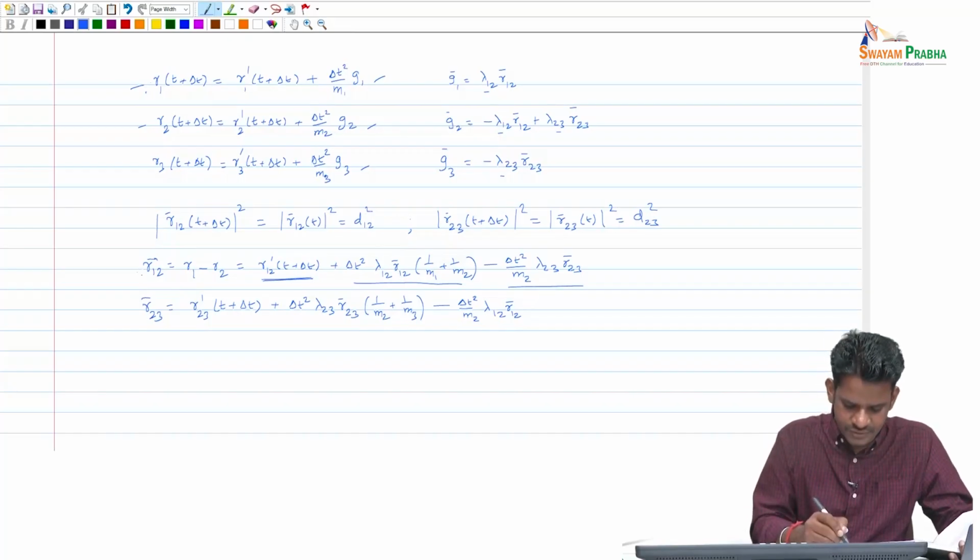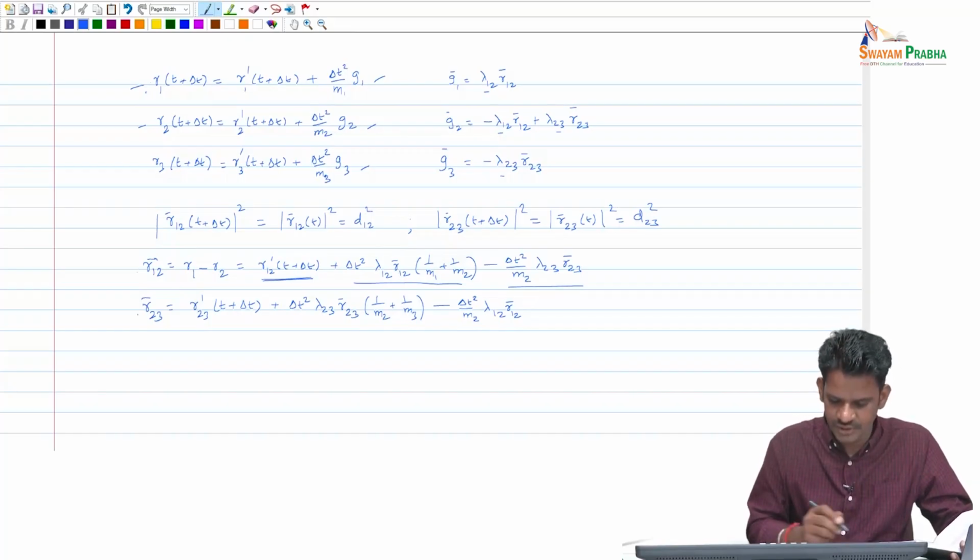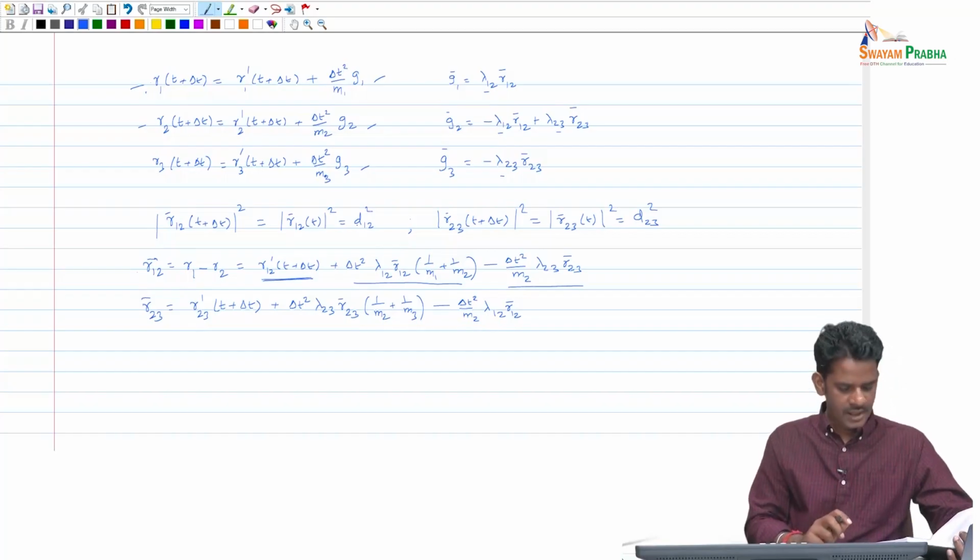Now we have these two, R12 and R23, and then we take the square of them and equate that to d12 square.